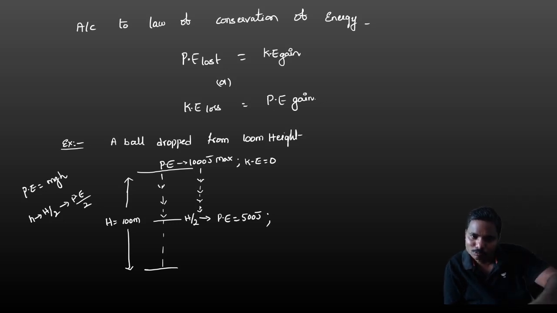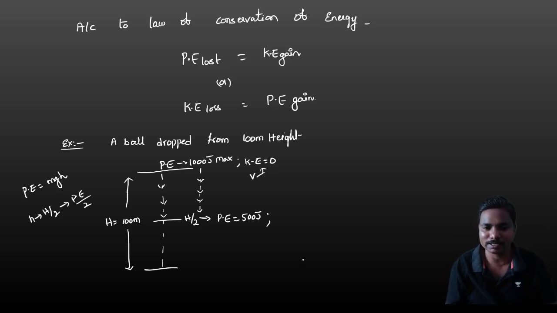Whenever the ball is moving, it has a velocity. Whenever there is a velocity, it has kinetic energy. So here it has the kinetic energy. Kinetic energy gain is equal to potential energy loss. So potential energy loss is nothing but 1000 to 500, which means 500 loss. So that is 500 here.